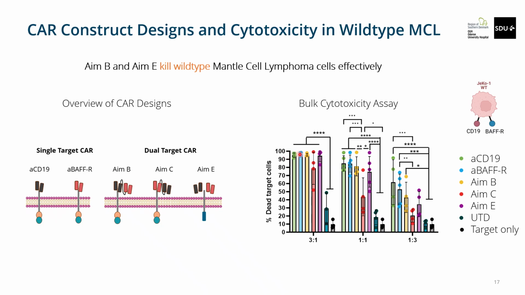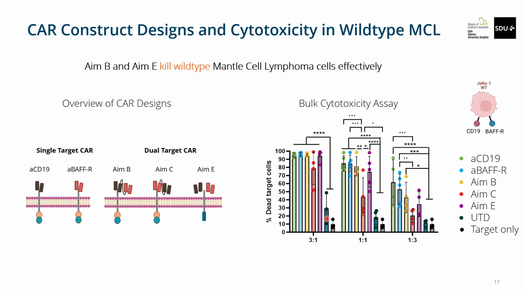and so here for the first three, which are the monospecific CARs and the AB CAR, it's a very efficient control of the target cells. The ANC is performing a little less well, and AME is also looking quite well.